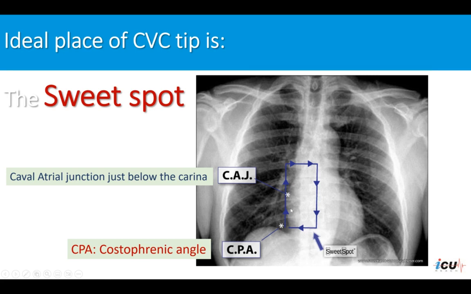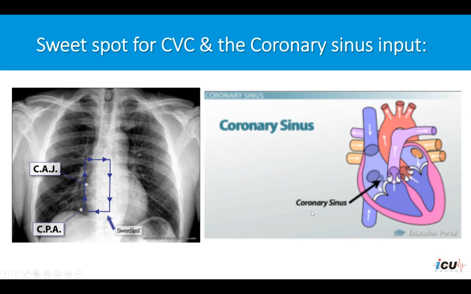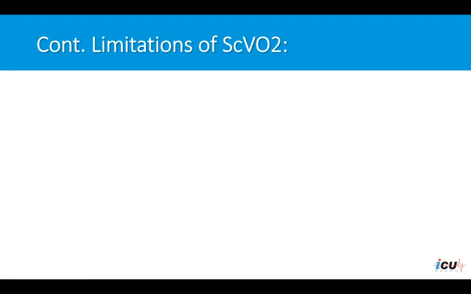So if your catheter is in this place here, you may rely on the central venous saturation in order to get an idea about the oxygen consumption at the tissue level. You can see the coronary sinus here and the blood coming from this sinus here, in addition to the IVC and superior vena cava. If your catheter is in this area here, it would be measuring the blood where it is mixed. It can be used instead of the mixed venous.